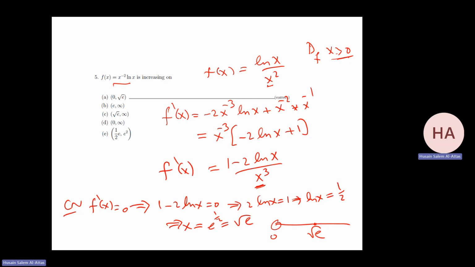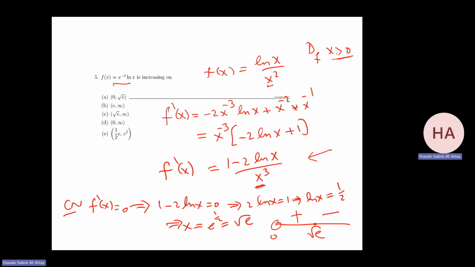Now, I need to take a value before the square root of e. I take 1, plug it here. I have 1 minus 0 over 1, so that will be positive. Take a value more than square root of e. Take e. I have 1 minus 2 times 1, which is negative, over positive. That will be negative.